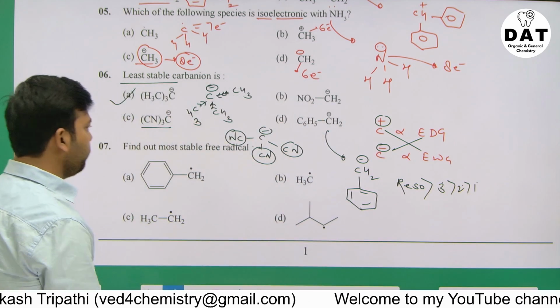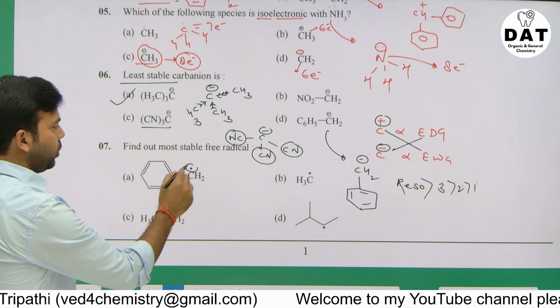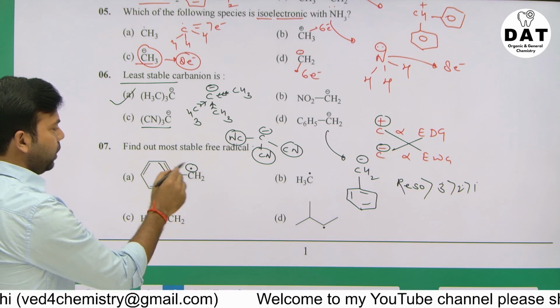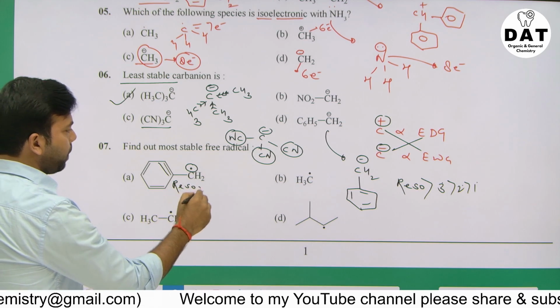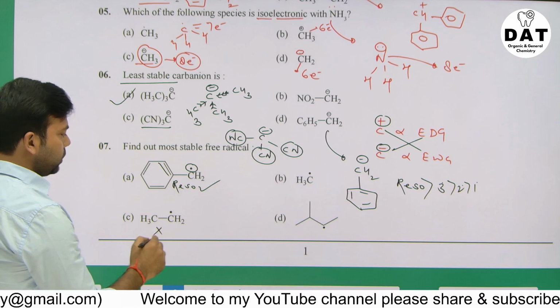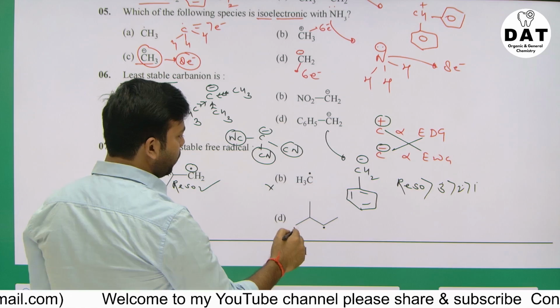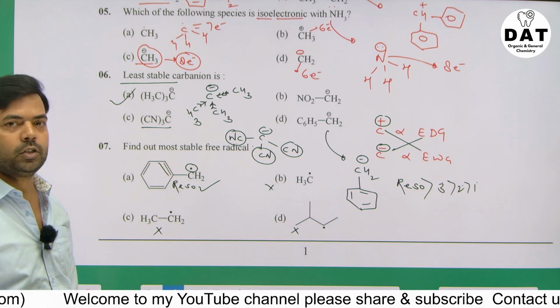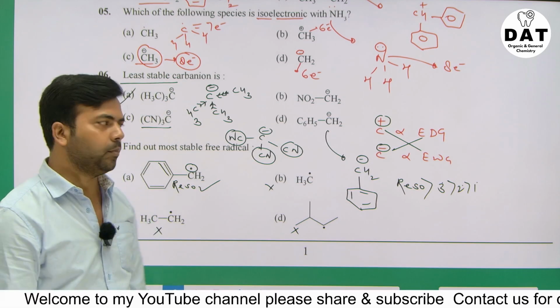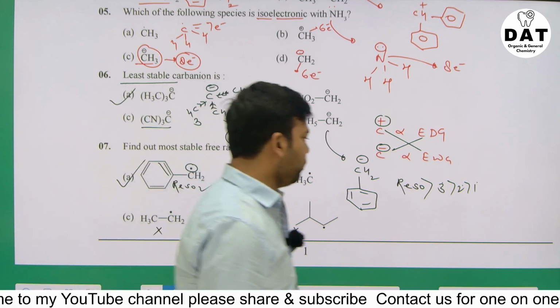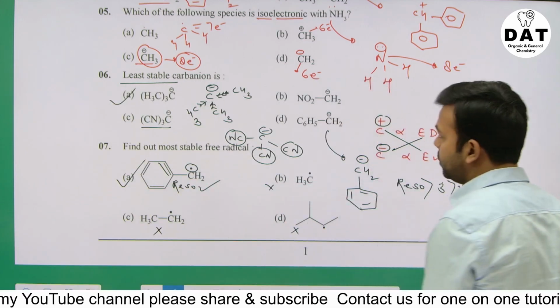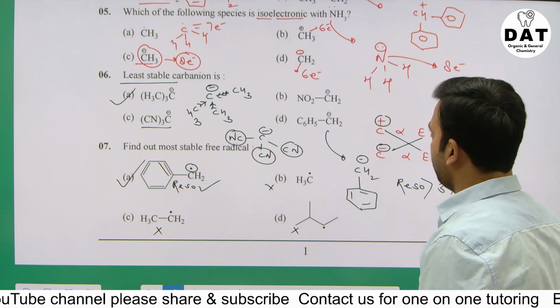So here you can see this resonance, the double bond with the radical is in resonance. Here no resonance, here no resonance, and here no resonance. So resonance dominates over tertiary, secondary and primary. So answer will be A. So in this page we have 1 to 7 questions, and this is all about the carbocation and carbon ion.